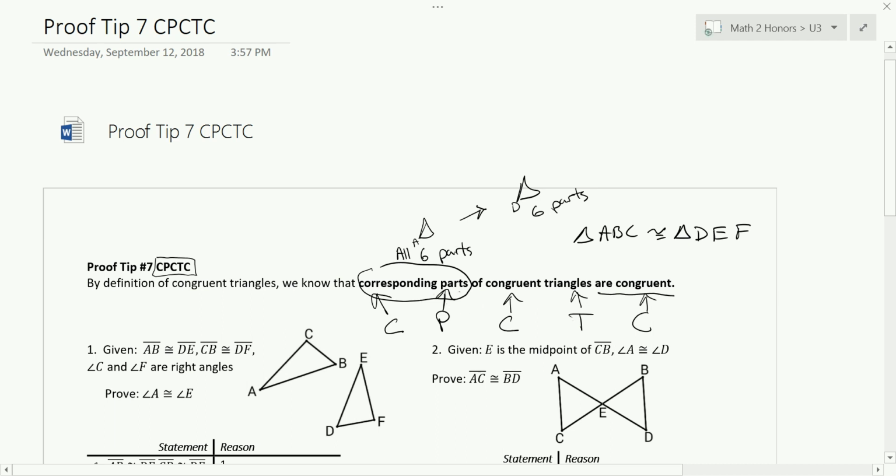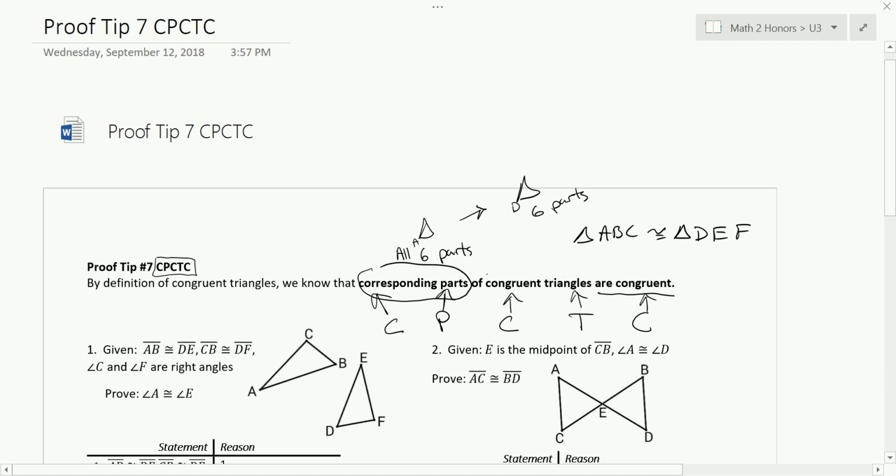Eventually, you're going to hear this so much that you're going to know what it means, and then I'm going to say we'll just write CPCTC. But what I don't want you to do is memorize CPCTC and have no idea what it means. Until you know exactly what it means, you're going to be writing that statement out.